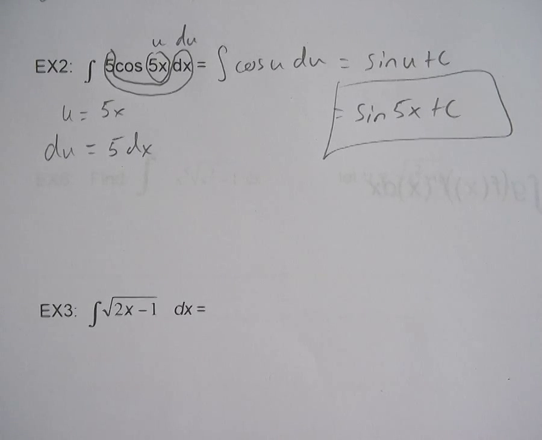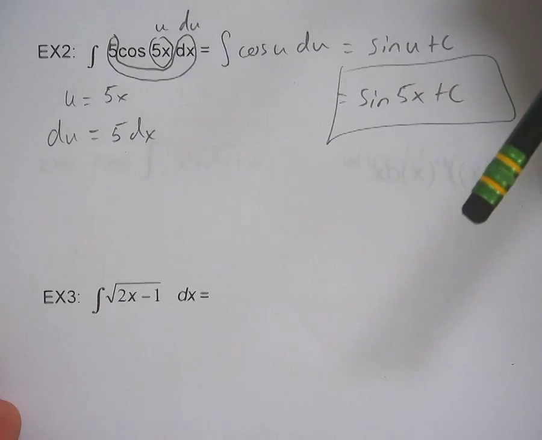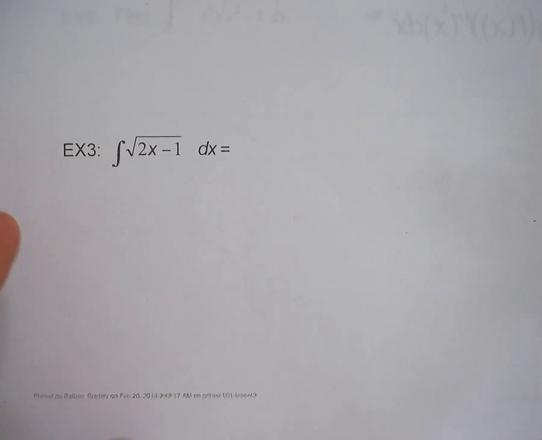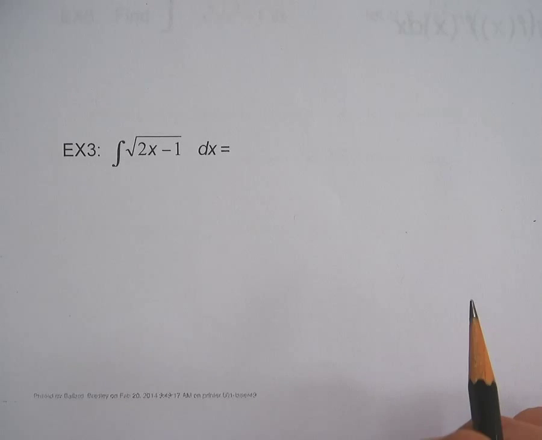All right. So again, I'm looking for anything that is inside of my function, something that's the peanut or the chocolate of the chain rule.